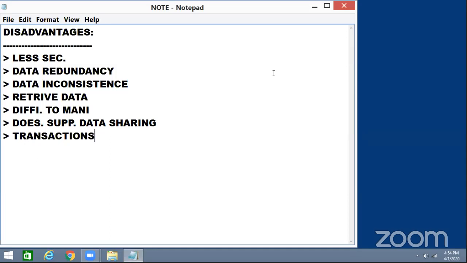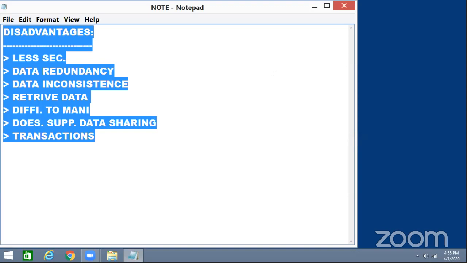And transactions cannot be performed immediately wherever required. So flat files are also very rarely used in industries. This is what we call the problems of these two things.